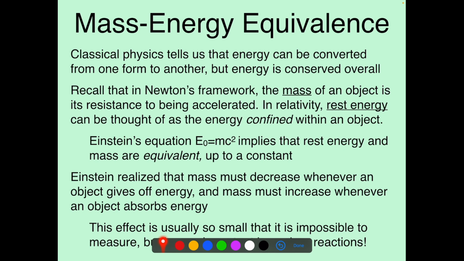Mass can change if the rest energy of the object changes. Quite literally, if I heat something up, I increase its rest energy, and I also increase its mass. If I cool something off, I decrease its rest energy and I decrease its mass. That's what this equation is really saying.